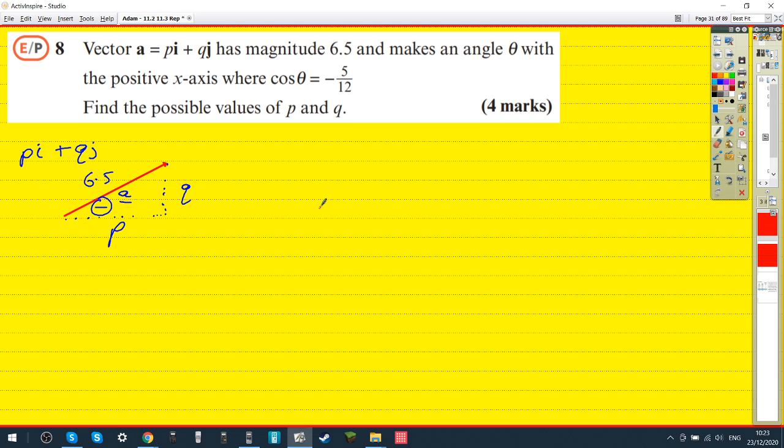So could you use sine? So sine equals opposite over hypotenuse.